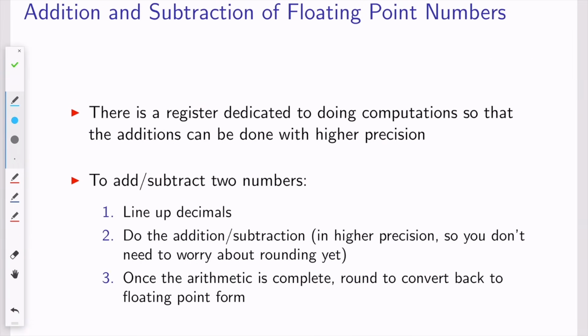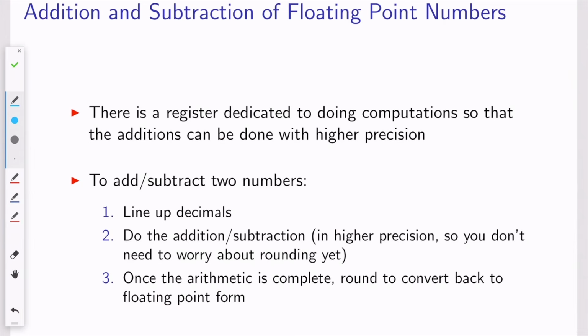I'll just say a few words without doing the details about the addition and subtraction of floating point numbers. There is a register or a part of your computer that's dedicated to doing computations so that addition itself can be done with higher precision.